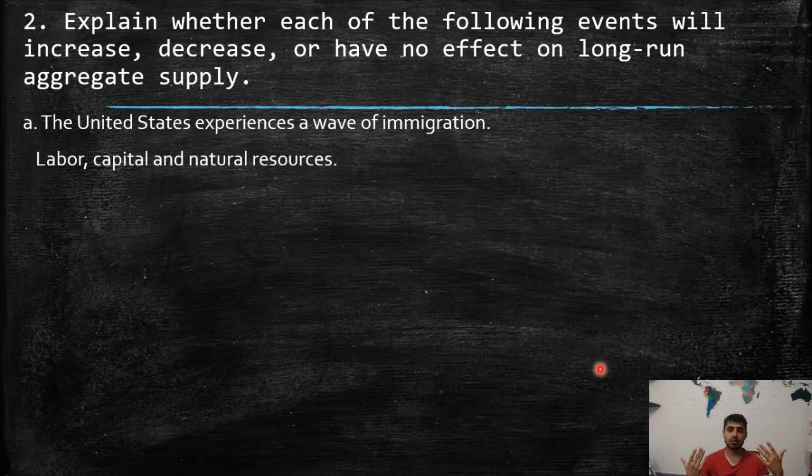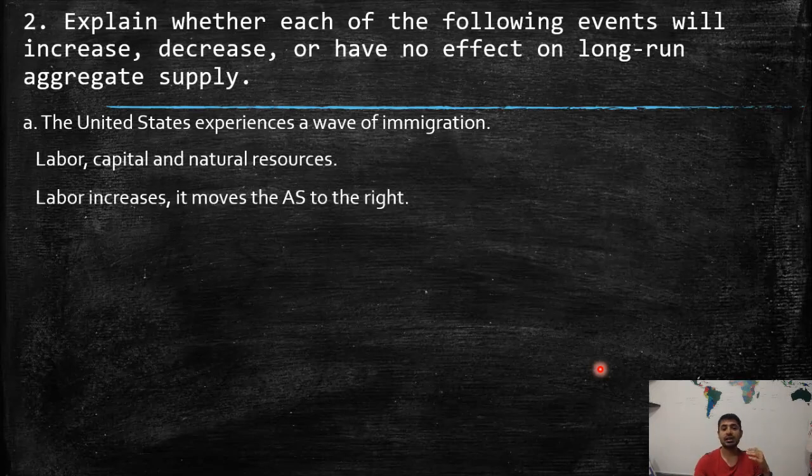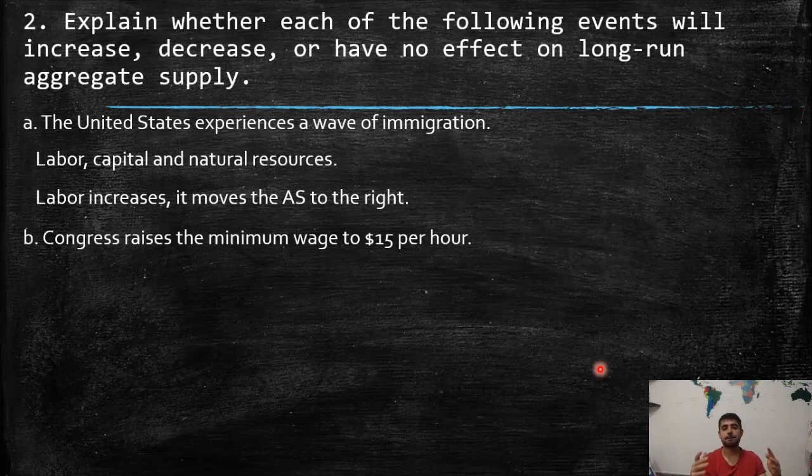Take into account that the factors of production are split into labor, capital, and natural resources. So labor increases, and it moves the aggregate supply to the right.